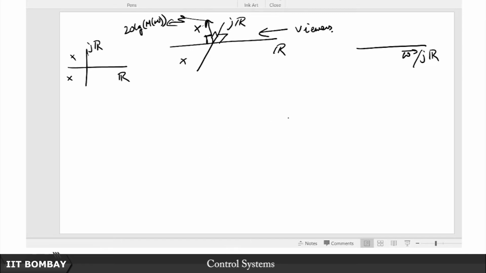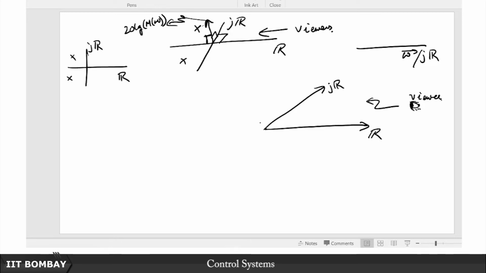Let me redraw that again in a larger version here. So, this is the sigma, this is the j-omega, and this is where we are viewing it from. This is where our eyes are, we are the viewer here.